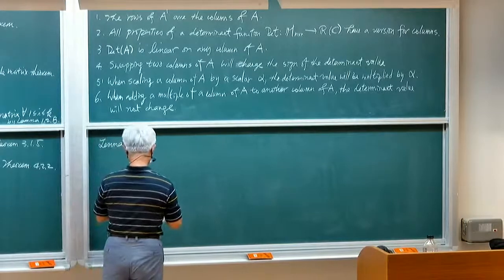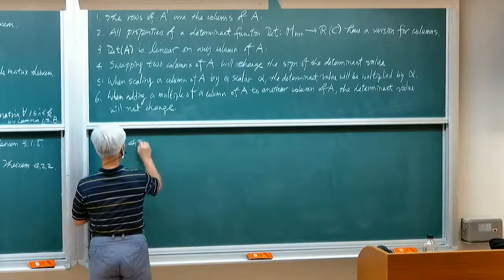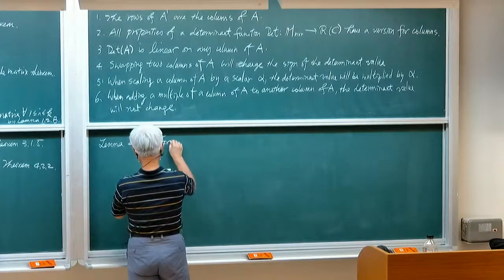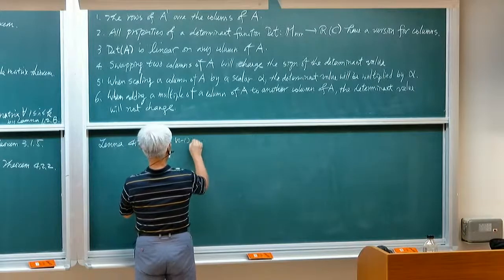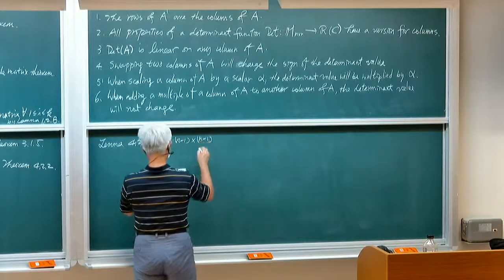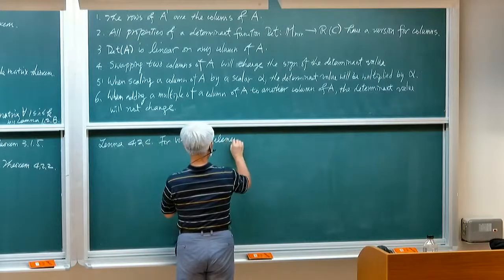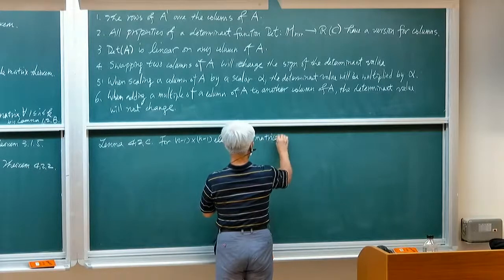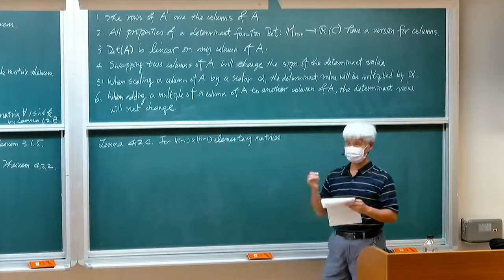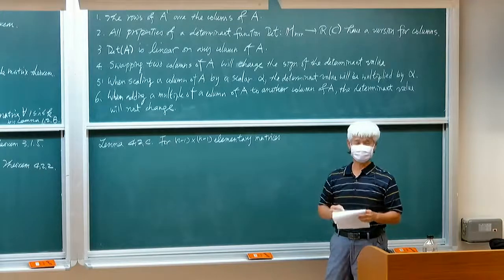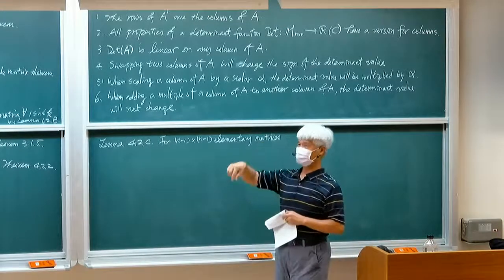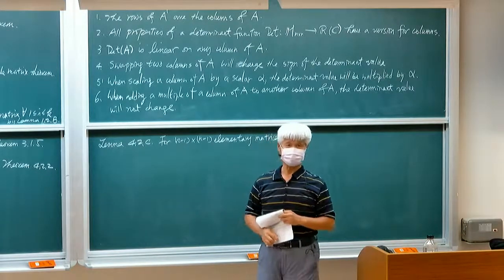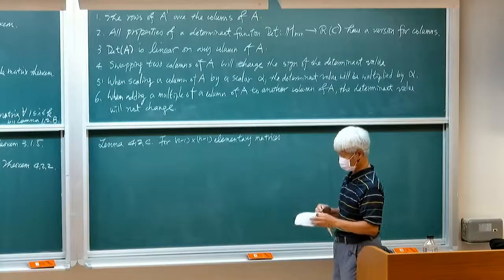All right. Now we consider a special case, put as a lemma. So for n-1 times n-1 elementary matrices, this is a common strategy, right? Every time you want to dig out a property about a general matrix, you look at the elementary matrices first, because they are simple matrices.